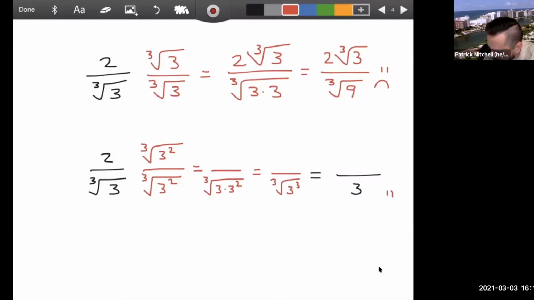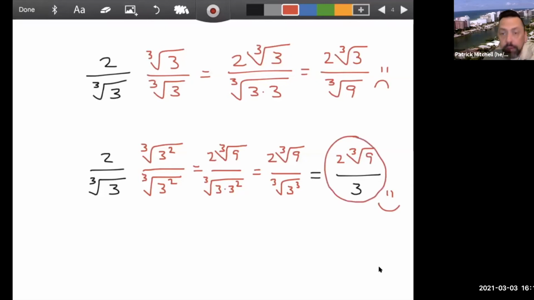So that will work. Now we might as well look at what's going to be in the numerator. Well, it'll just be 2 times the cube root of, and instead of writing 3 squared, I'll just write 9. And nothing's going to happen with that. It's just going to come along for the ride and be part of the answer. So that would be the rationalized form of 2 over the cube root of 3.